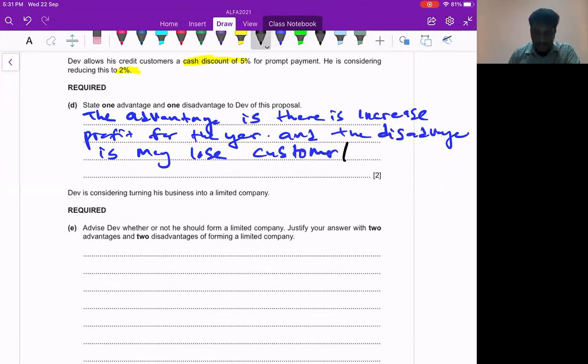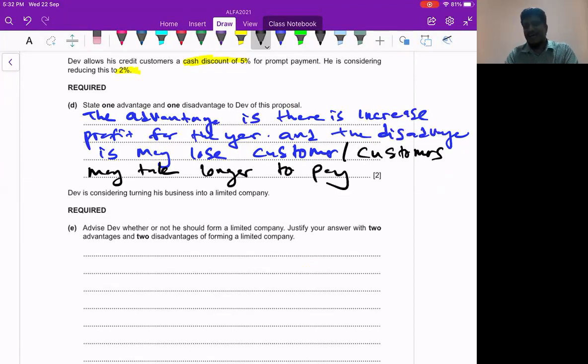Another point that you can say, the disadvantage is customers may take longer to pay because the discount is reduced already, right? Only 2%. They are not interested in the 2%, so they pay later. They take the money, they go invest somewhere else, they get more profit there, so they don't want to pay us first. Can happen.